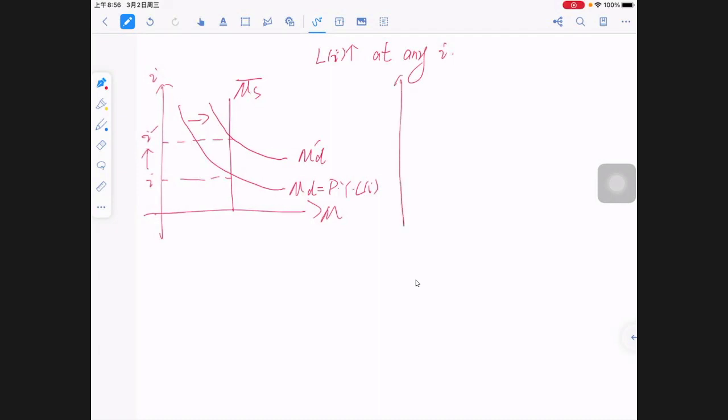And then we go to the LM curve. Again, this is just an increase in this L(i) component resulting from the increase of the risk. Again, output is unchanged. With an unchanged output, we have a higher interest rate here, right?